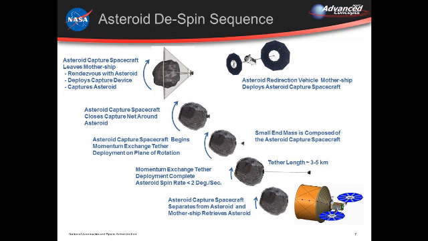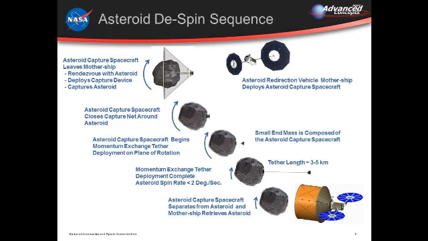Okay, the sequence of how this would work is you have your mothership, with your small craft that would separate off of that. We come out to the asteroid, deploy the capture net, have the capture net collapse around the asteroid, and then tighten up.